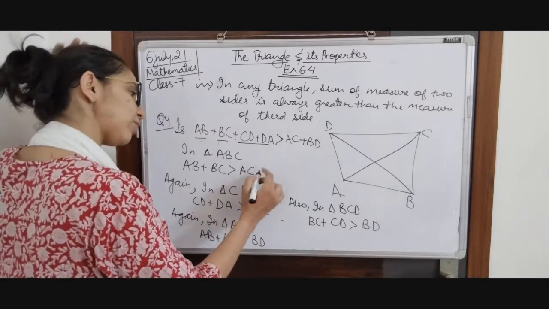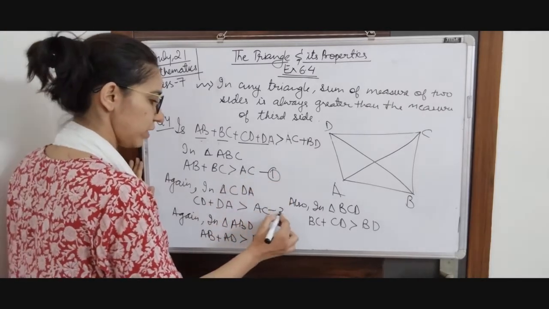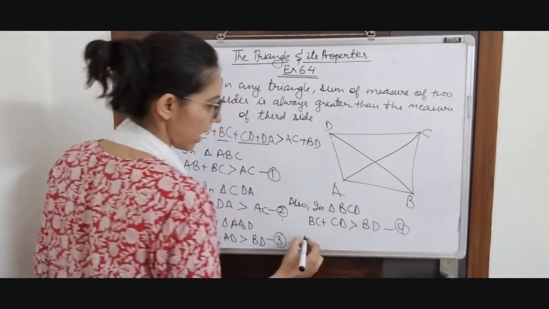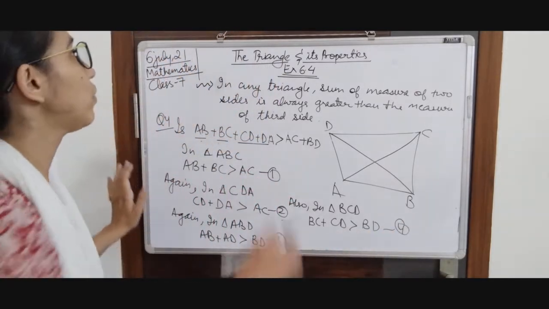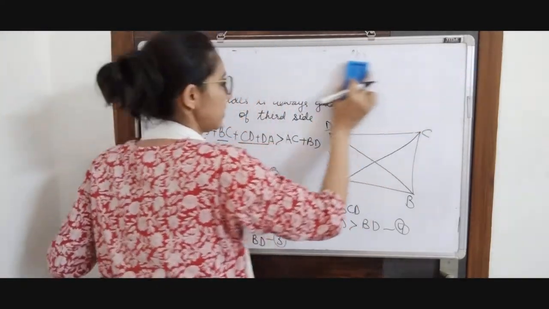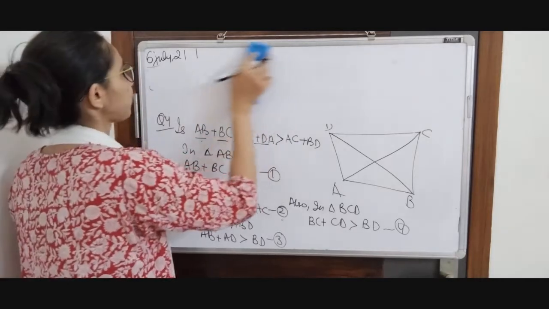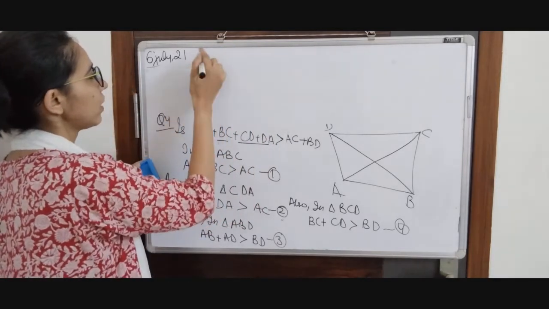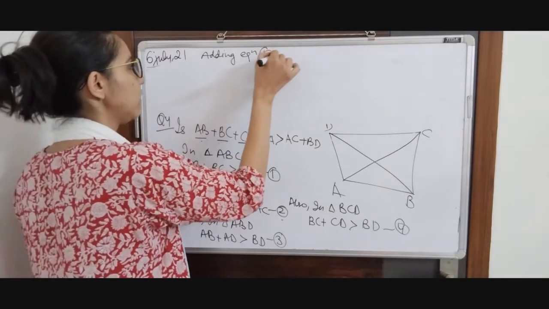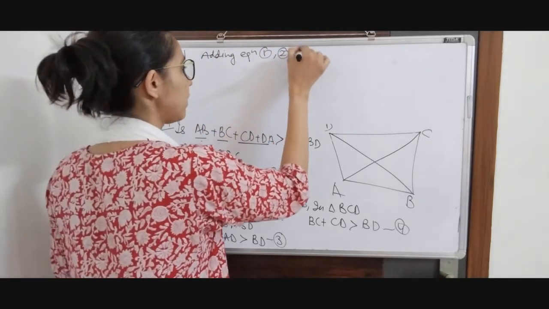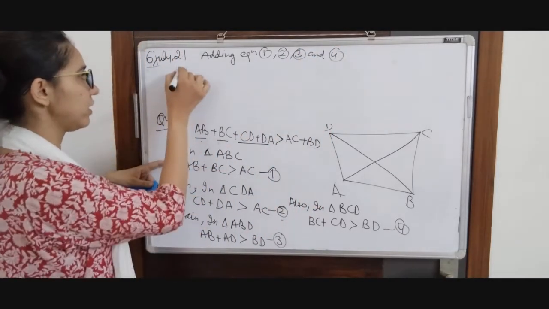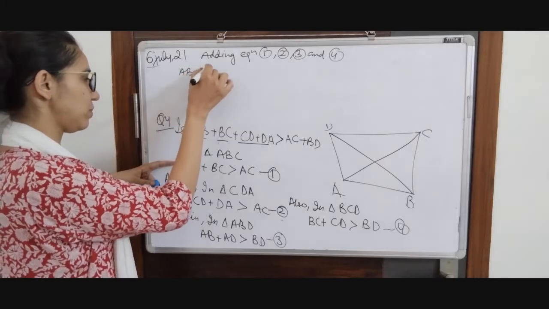We are going to add these equations, okay? We are going to name it and we are going to add them. 1, 2, 3, 4. And when we are adding 1, 2, 3, 4, we are going to add left hand side to left hand side and right hand side to right hand side. Adding equation 1, 2, 3 and 4, we will get on left hand side AB plus BC.